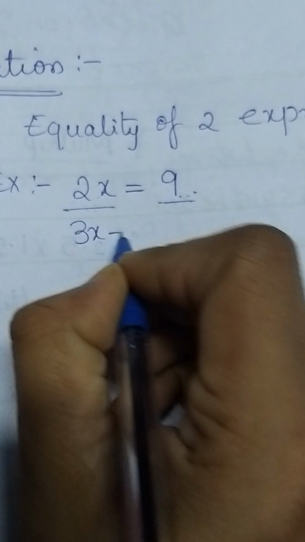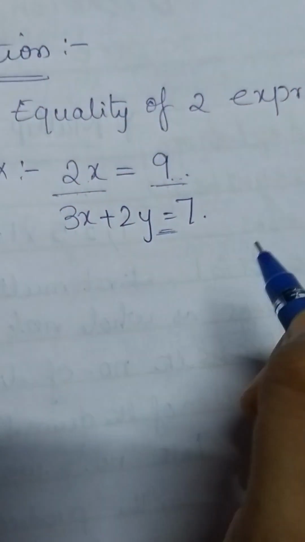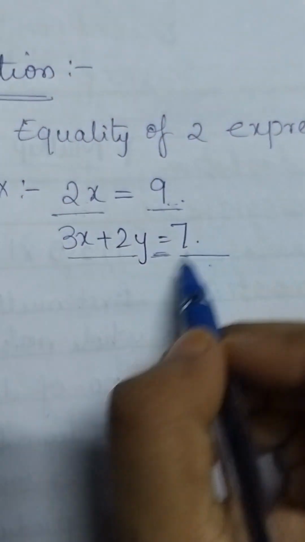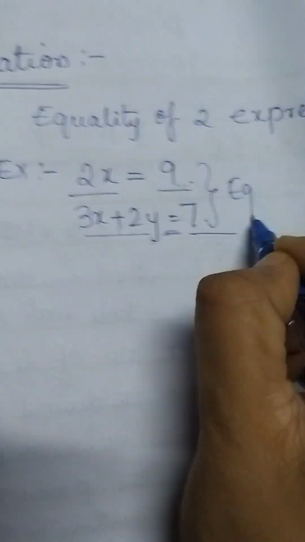For example, 3x plus 2y equal to 7. Here the equal to symbol is there, and here is one expression and here is one expression. Equality of two expressions is called an equation.